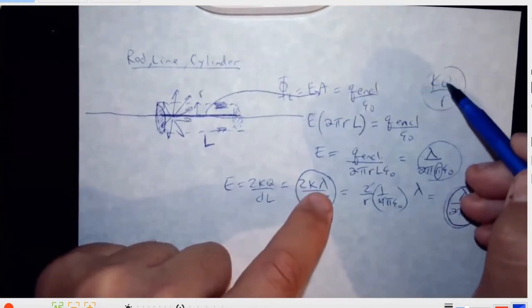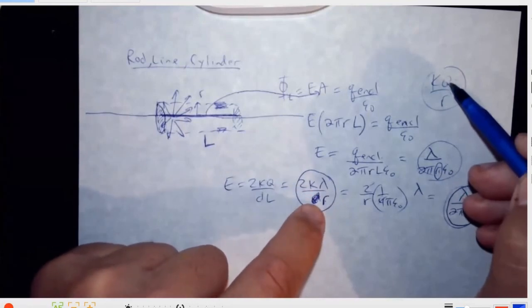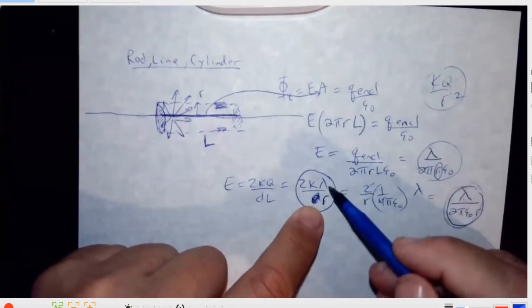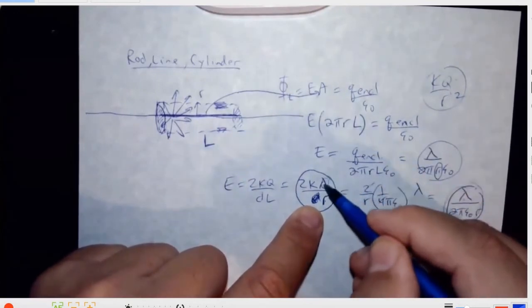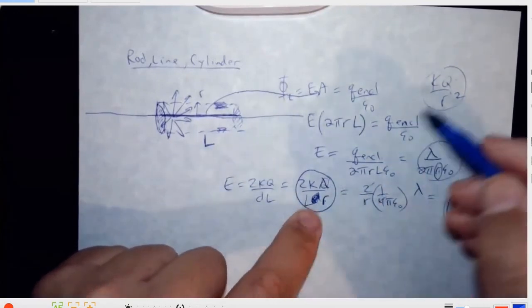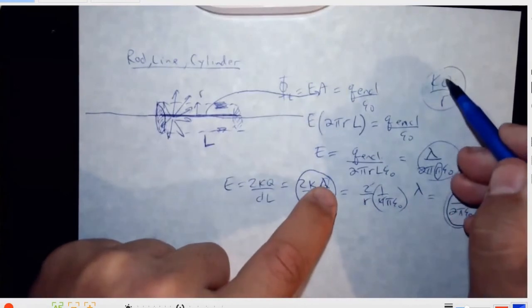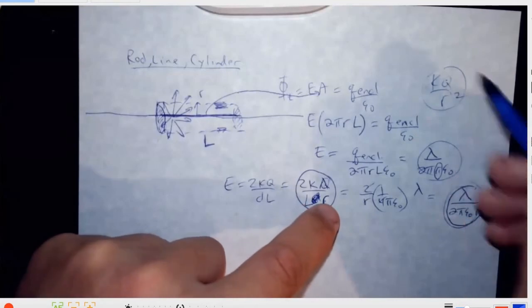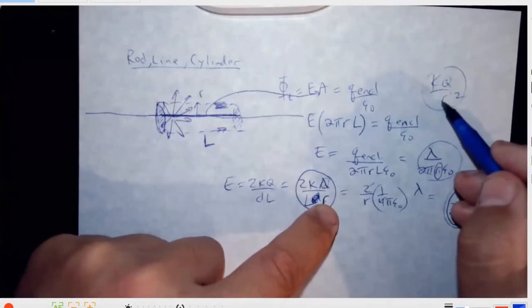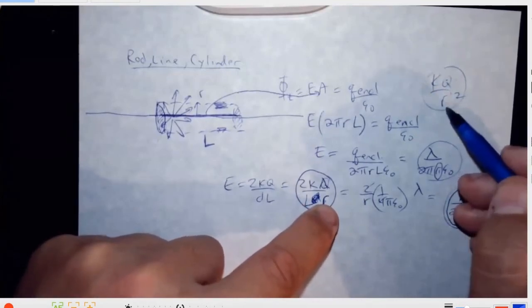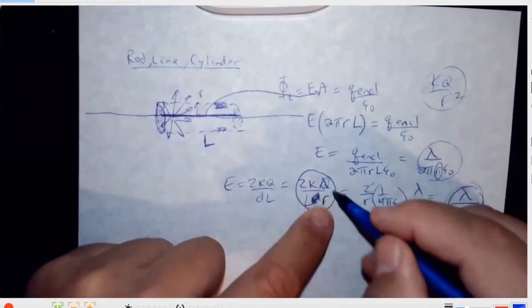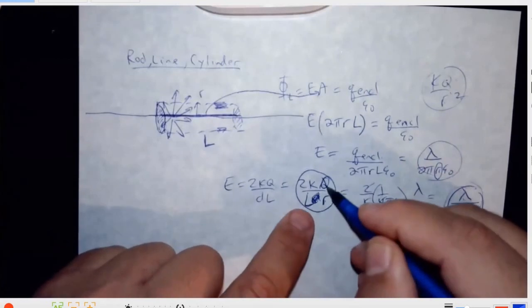Instead of q, it's q over L. So in terms of units, it's the same because this is Q over L. So it's got units of charge, units of length times units of length. You see, so the point charge's electrical field is charge over length squared, whereas here you've got charge per unit length.